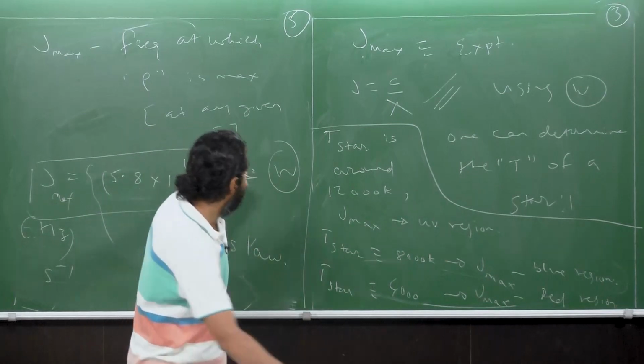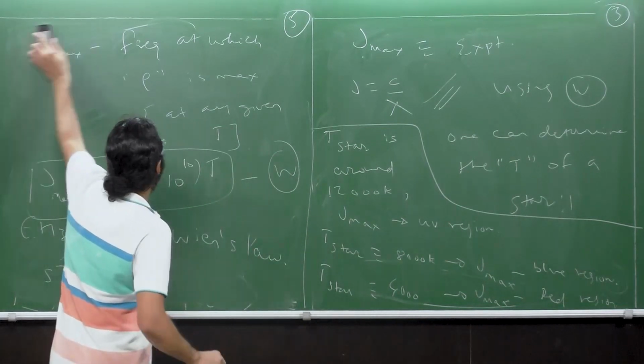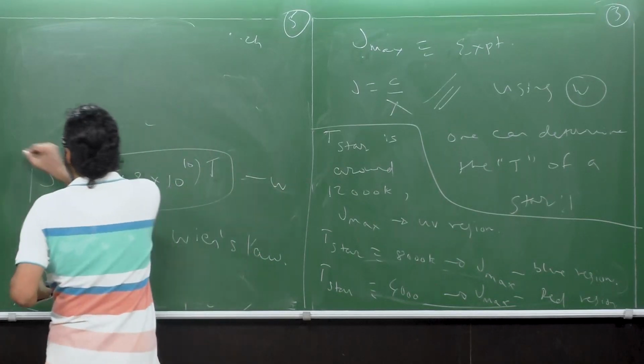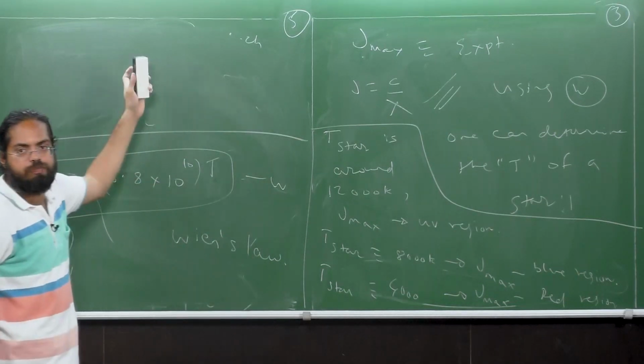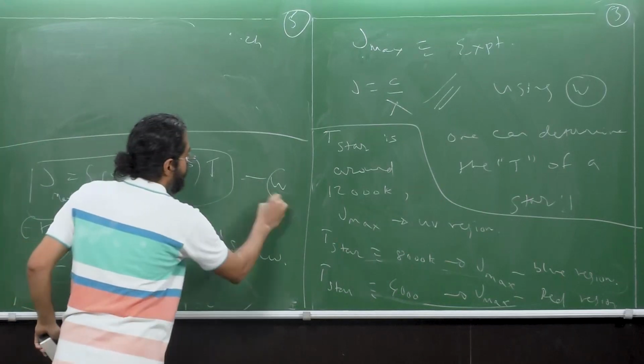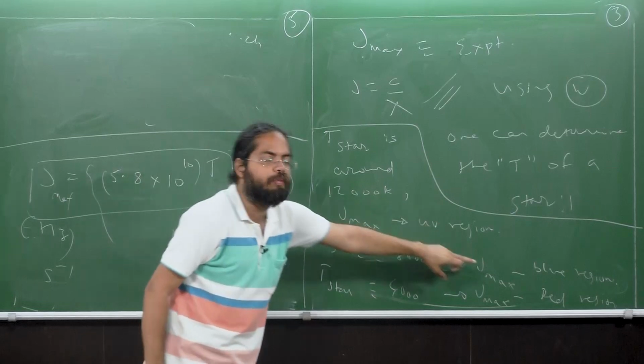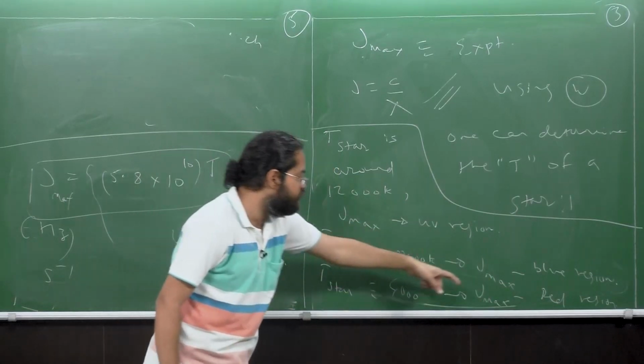So I'll delete this part now. I'll just retain the Wien's law expression alone, and I'll write on this part here. So the T star is going to be 8,000 Kelvin, the nu max is going to be in the blue region. When it's 4,000 Kelvin, it's in the red region.